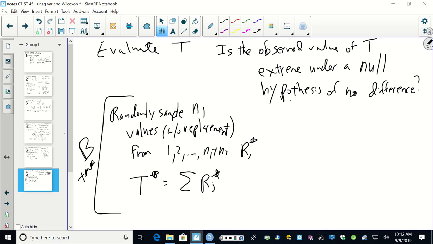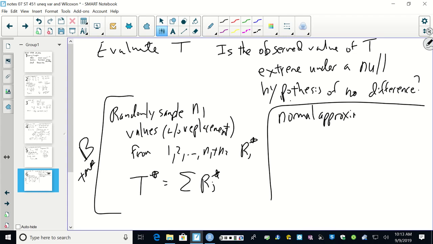The other way that this is done is the normal approximation to the distribution of t. Right, so under the null hypothesis, t is a random sample of numbers 1 through n1 plus n2. Is that kind of a practical problem, right?